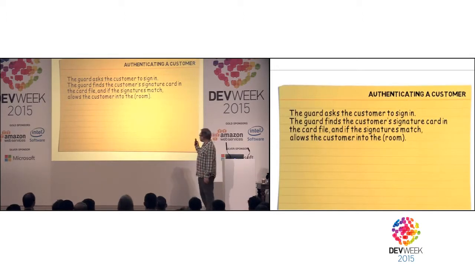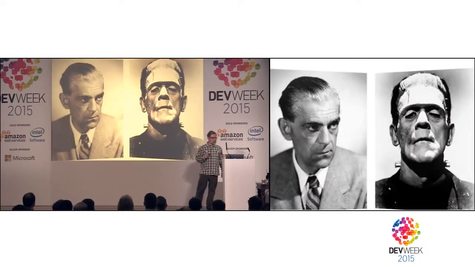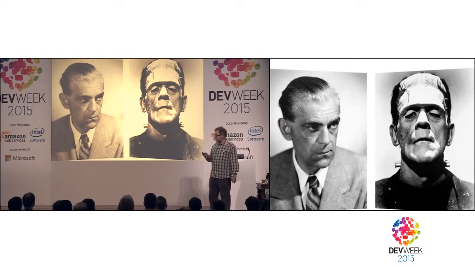Now, the other thing that's important here is that you don't want to confuse the notion of the role with the notion of the end user. In other words, I'm trying to identify roles when I look at the card that we were just looking at. I'll come back to it in a second. Well, in this case, Frankenstein is the role and Karloff is the actor. Right?